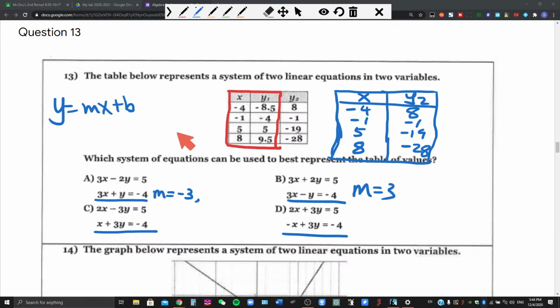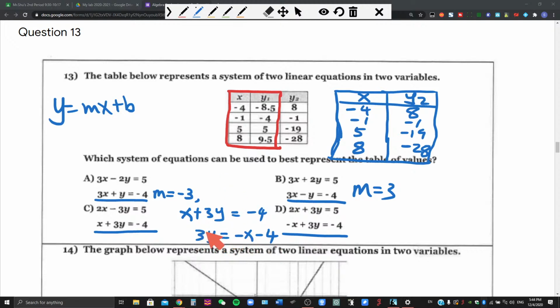C, let's check C. C says x plus 3y equals negative 4. So I want to move this x to the other side. It becomes a negative x. 3y equals negative x, subtract 4. Now each side will divide by 3.